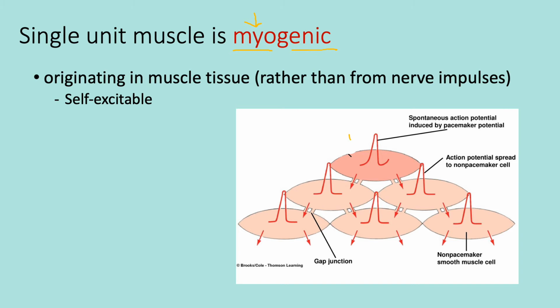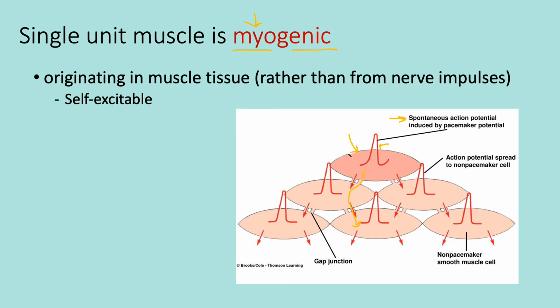We'll see here we have this pacemaker cell. So it's going to have spontaneous action potential activity. It's going to spontaneously depolarize, what's being shown here. Okay? And that signal is going to spread via gap junctions to all the cells that it's connected to with this single unit smooth muscle. So we're going to get spontaneous depolarization, and that's going to spread and give us one unified contraction.